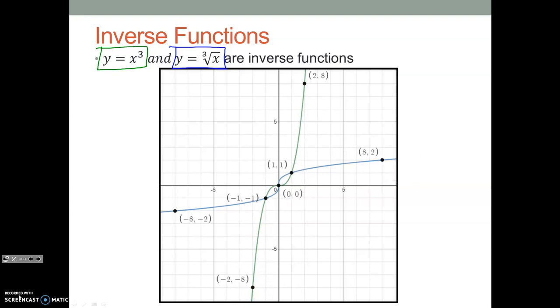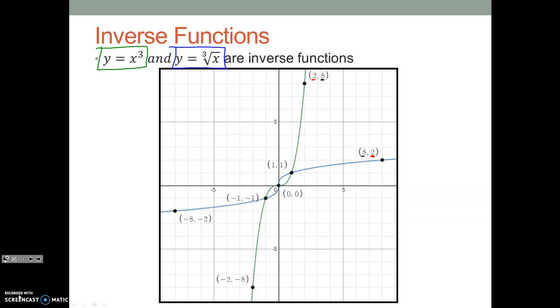Based on our definition of inverse functions, are these two functions inverses of each other? The way you can tell is by looking at their points. Our green function has the point (2, 8), while our blue function has the point (8, 2).